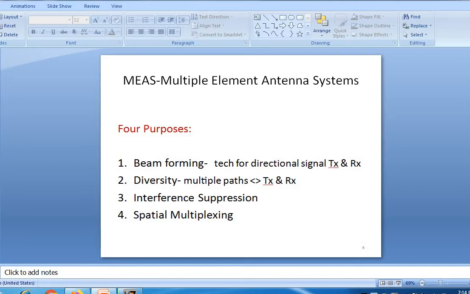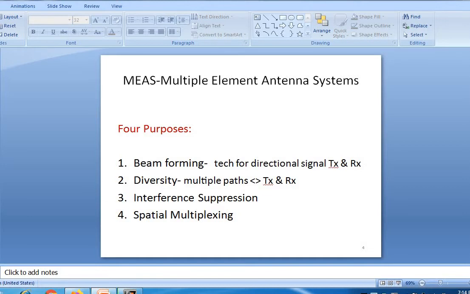The first one is called beamforming. A transmitter, by using the antennas, is going to transmit the signal. Then these signals will be propagating in the channel. The question is whether the receiver is able to receive the direct signals, whether it is transmitted in a directional manner.